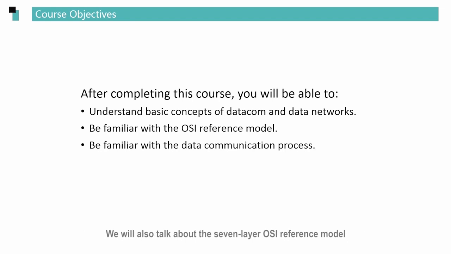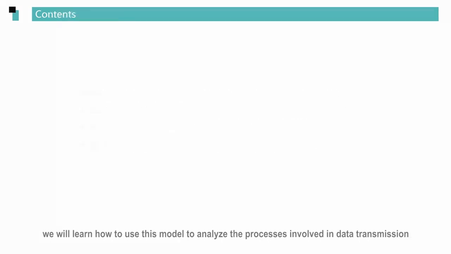We will also talk about the 7-layer OSI reference model, which is a very important point of reference for data communications professionals. Finally, we will learn how to use this model to analyze the processes involved in data transmission.